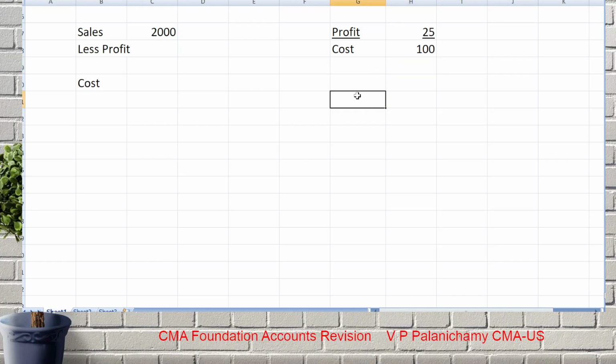Simple. Cost 100 rupees, now profit will be how much? 25. Then selling price will be how much? 125. So what is the profit on selling price? Cost 100 rupees, profit 25 rupees, selling price 125.